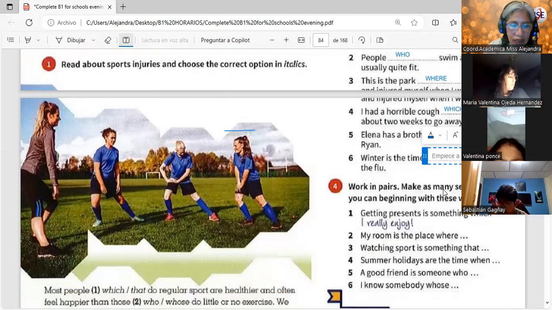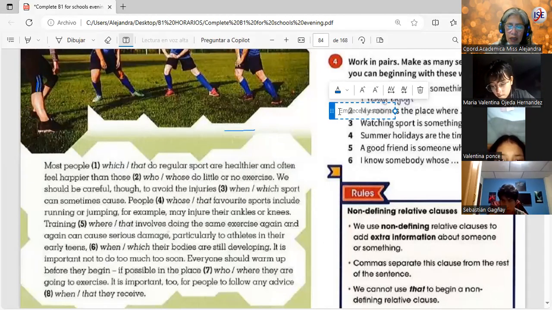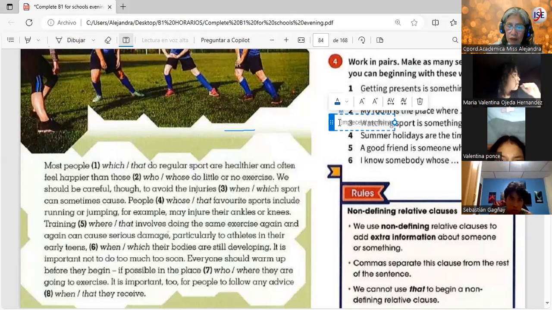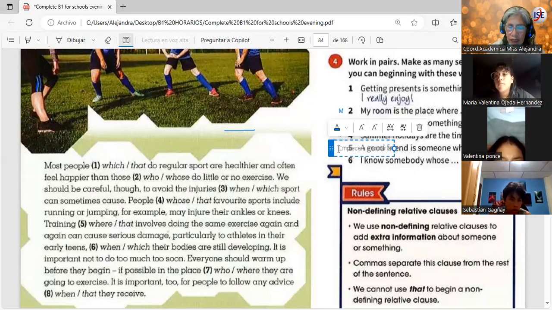Remember, for time, when; for people, who or that; for places, where; belongings, whose. Okay? Here, continue the sentences. There are 6, one for each one of you. So, number 1 for Maria Valentina, number 3 for Sebastián, number 4 for Valentina, number 5 for Maria Valentina, and number 6 for Sebastián.